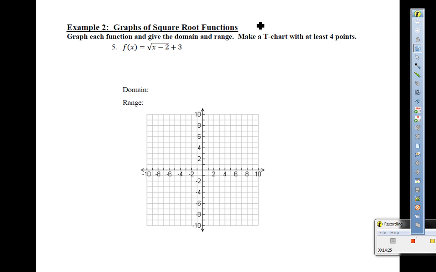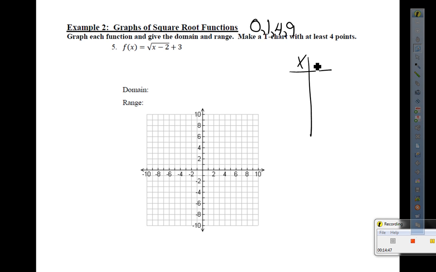I need you to remember the numbers 0, 1, 4, 9. Those are numbers that I know the square root of. So those are the numbers that we want. So to graph this thing, if you will, set up a little T-chart. Do not put 0, 1, 4, and 9 in your x-coordinate. That's not what I want here.